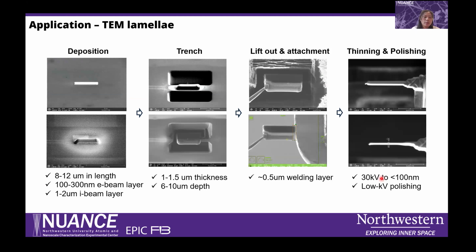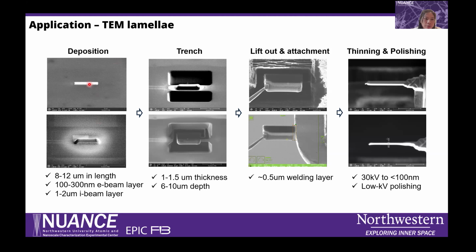One of the main applications is the TEM lamella sample preparation. The workflow goes with the deposition first, because the energetic ions will penetrate inside the material, change the structure and damage our sample.